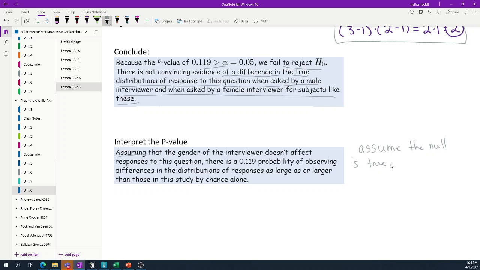And then it is the probability of observing differences in distributions. Well, that's the chi-squared.